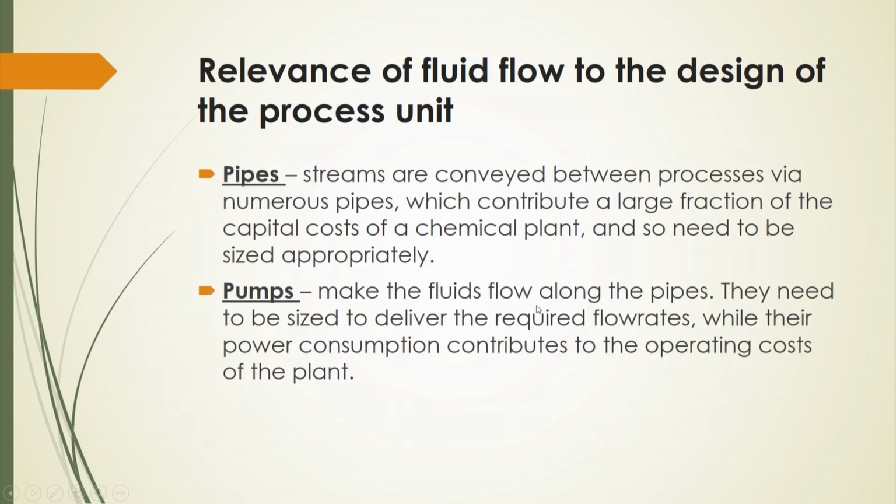So, in this case you will see the relevance of the fluid flow to the design of the process unit. Pipes: streams are conveyed between processes via numerous pipes, which contributes a large fraction of the capital cost of a chemical plant, and so need to be sized appropriately.